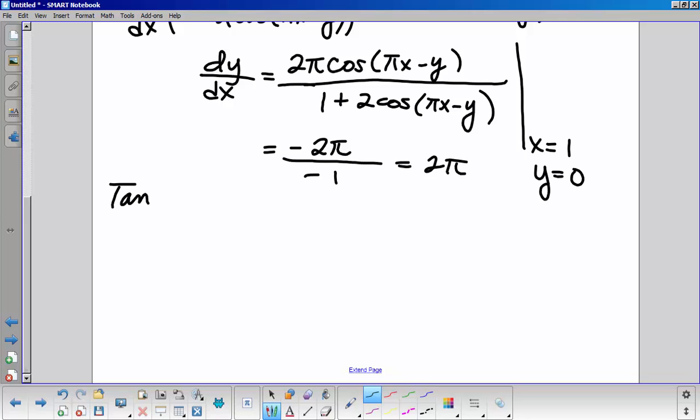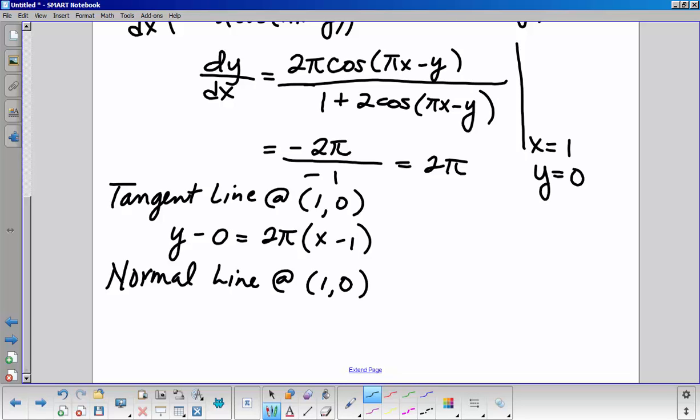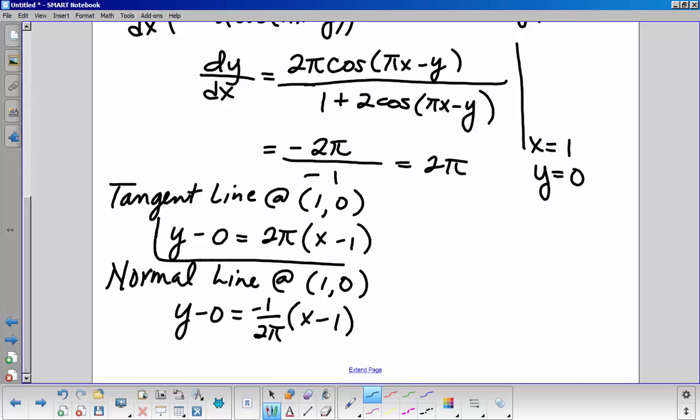So the tangent line at 1, 0 is going to be y equals 2 pi times x minus 1. Normal line. It's going to be y minus 0 equals negative 1 over 2 pi, good, times x minus 1.